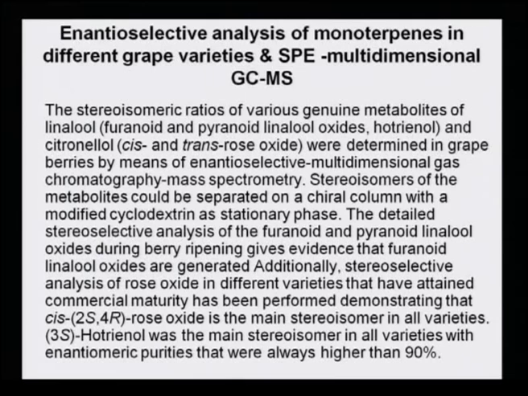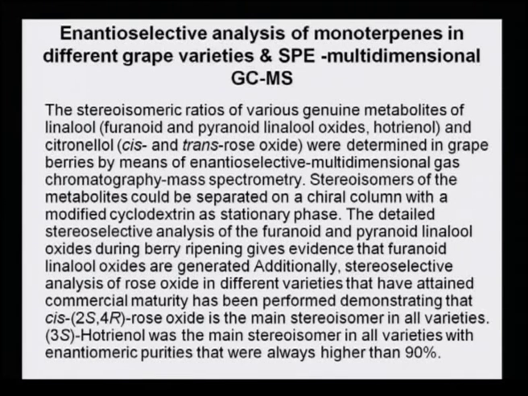Additionally, stereoselective analysis of rose oxide in different varieties that have attained commercial maturity has been performed, demonstrating that the cis rose oxide is the main stereoisomer in all varieties. The hotrienol was the main stereoisomer in all varieties, with enantiomeric purities always higher than 90%.